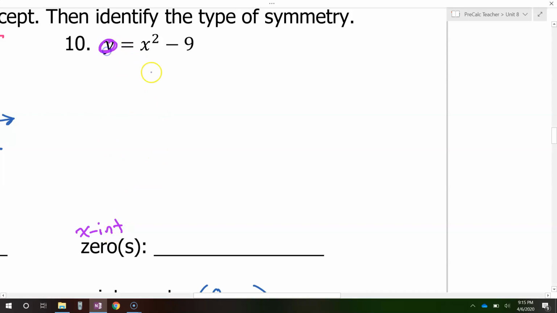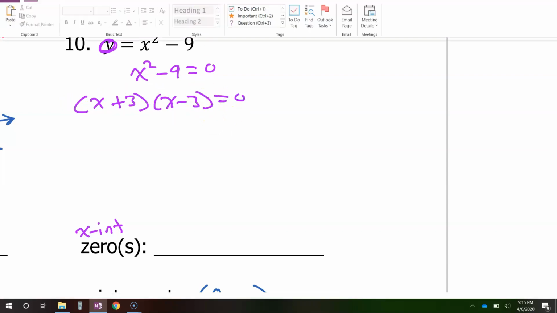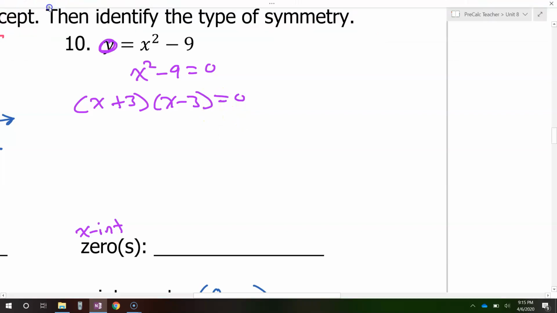So if I put in 0 for y, then I've got x squared minus 9 equals 0. If I solve this, that'll be my zeros. I have two choices. I could factor this. This is the difference of two squares, so I could do (x plus 3)(x minus 3). That would give me x equals negative 3 and x equals 3.